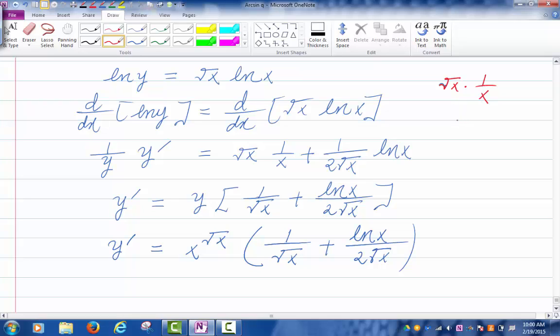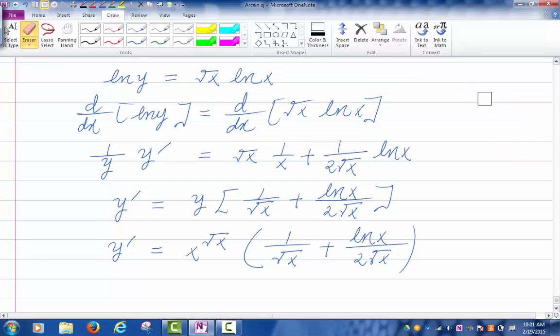Let's move on to another problem. Let's say I have the function y equals 5 to the negative 1 over x. What's the derivative? Well, there would be two ways of going about it, okay?